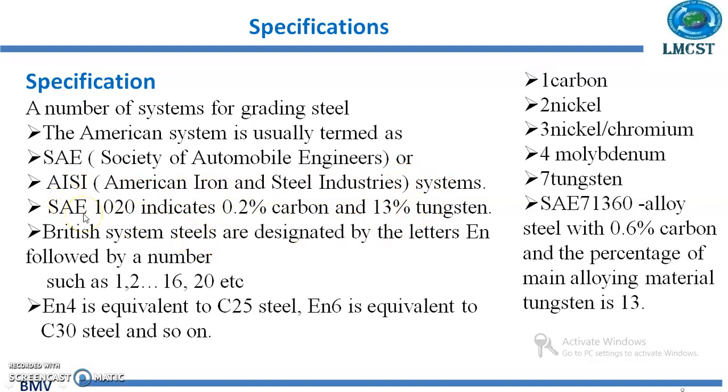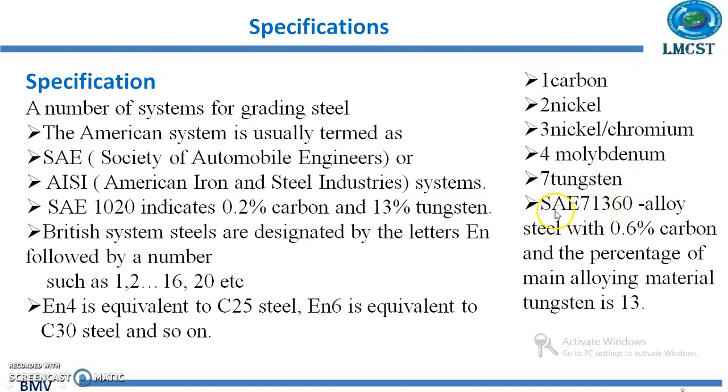In SAE, the first digit indicates the chief alloying material: digit 1 stands for carbon, 2 stands for nickel, 3 stands for nickel chromium, 4 stands for molybdenum, and 7 stands for tungsten.